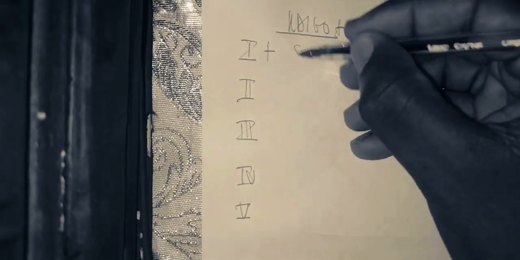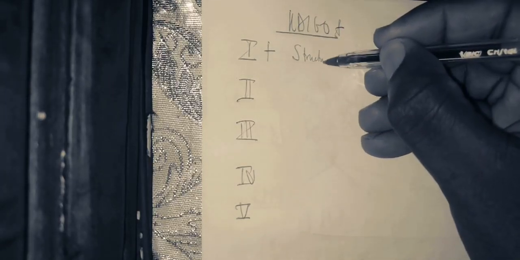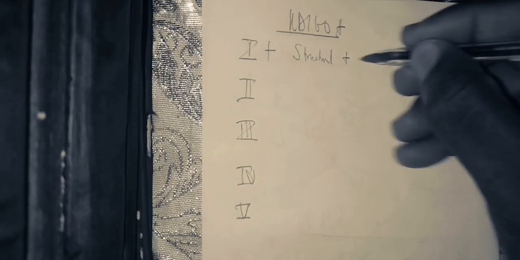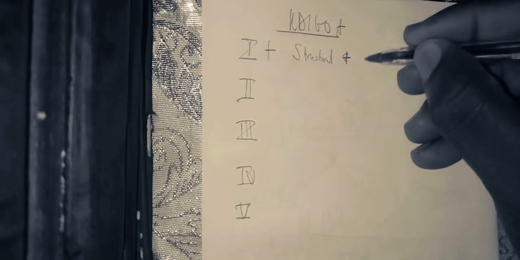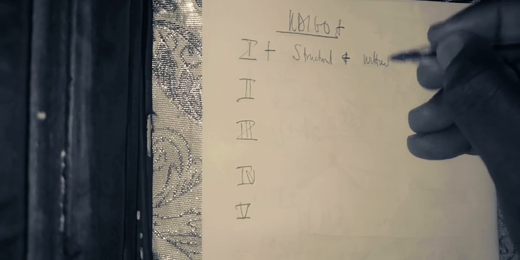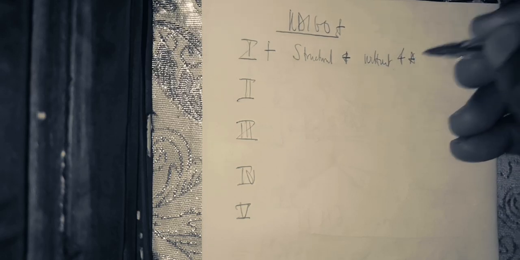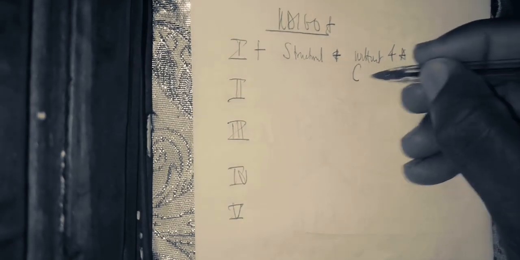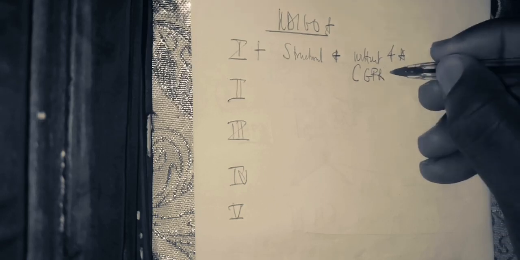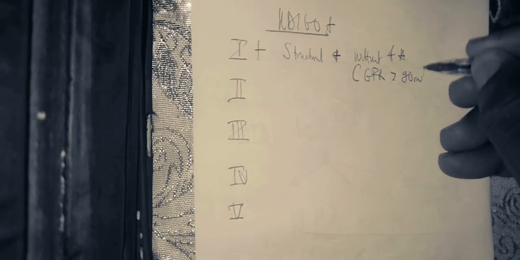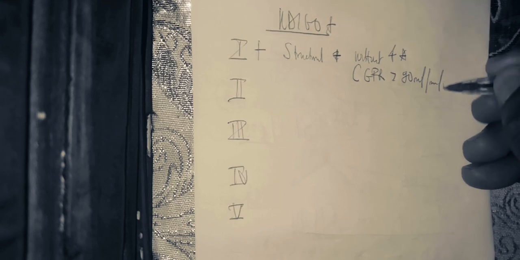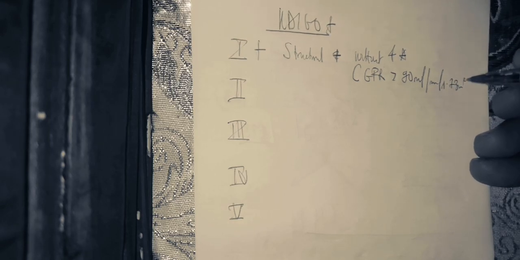In stage 1, you have a structural abnormality without any functional abnormality, meaning that the glomerular filtration rate is greater than 90 mL per minute per 1.73 meters squared.